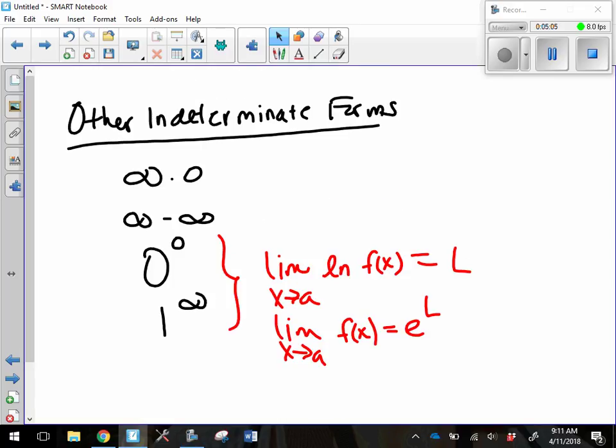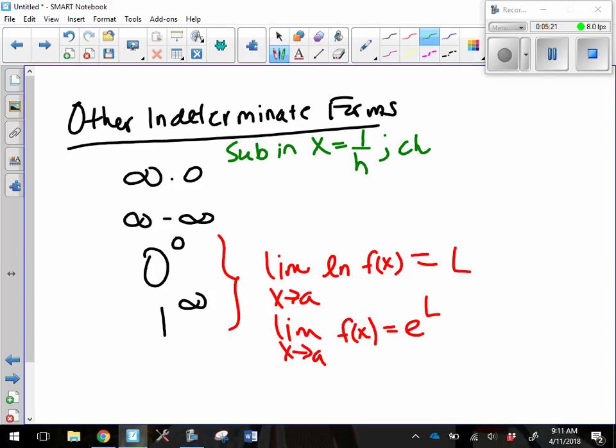If we've got 0 times infinity or negative infinity, then we're going to do some substitution. We're going to sub in and let x be equal to 1 over h, and then change the limit, so that instead of having the limit as x goes to a, now I'm going to take the limit as h goes to 1 over a.